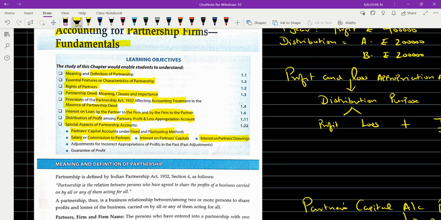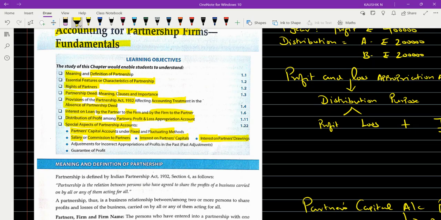Remember, interest on the partner's drawings is considered an income to the business, whereas it is considered an expense to the partner. So as I said, partnership is the only chapter where we analyze a particular item from two different points of view.